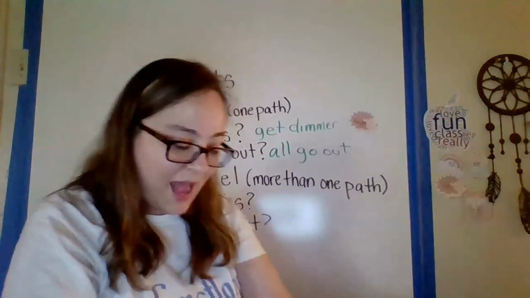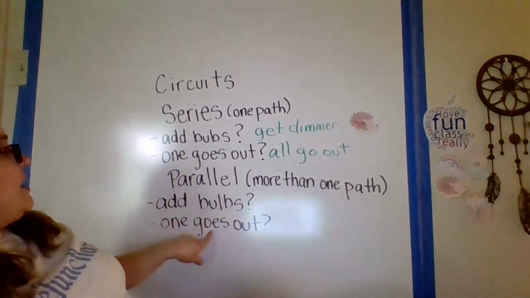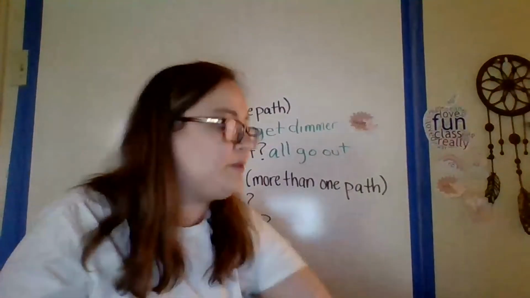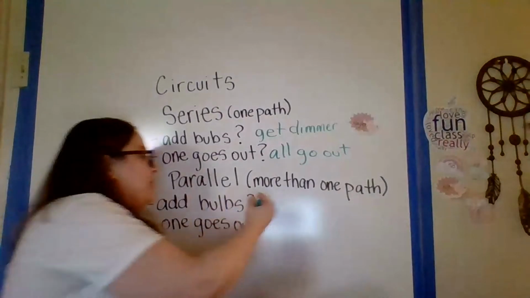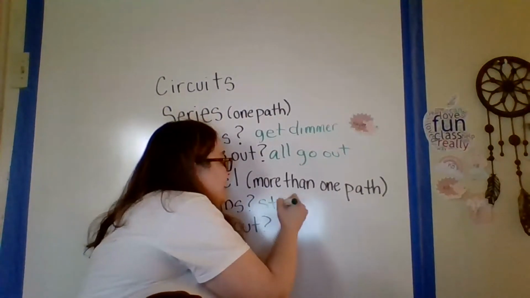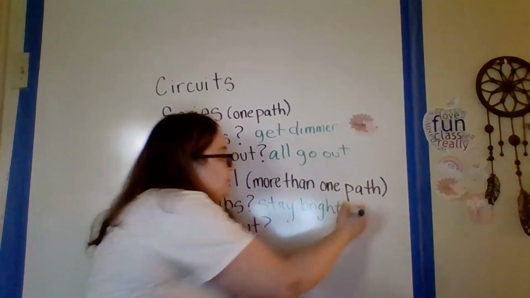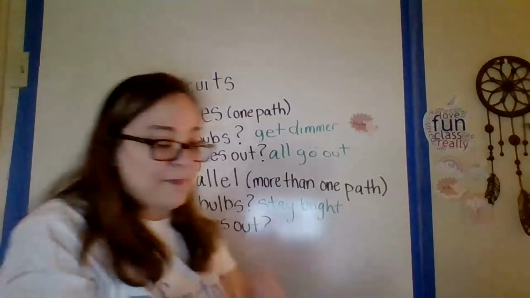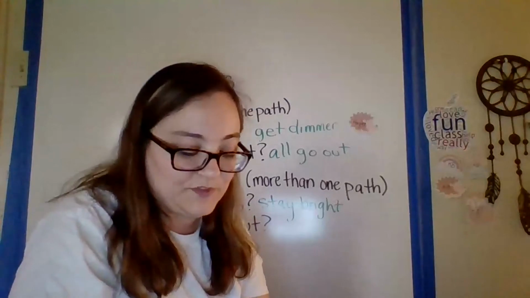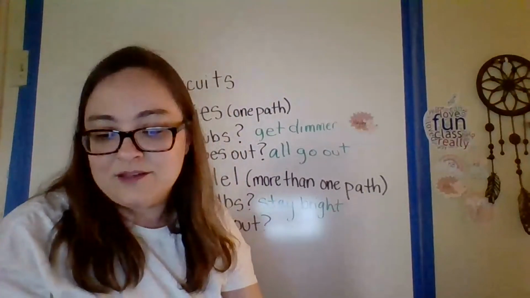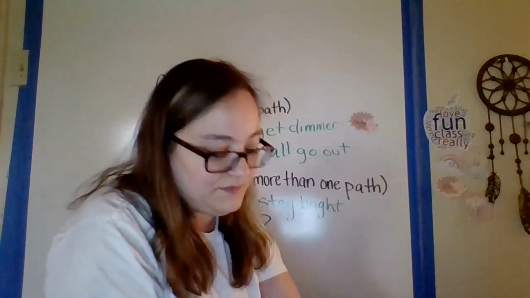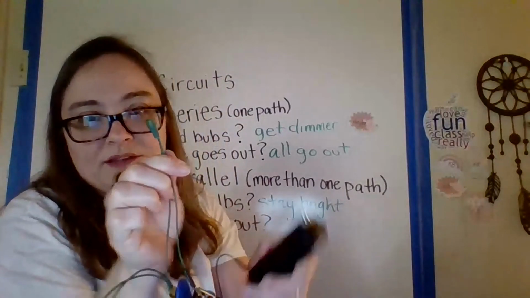Now, what happens if I remove a bulb? Oh, I forgot to put my notes here. So if I add bulbs, they stay bright. So what happens if I remove a bulb? They fall out all the time. So there it is, empty one.